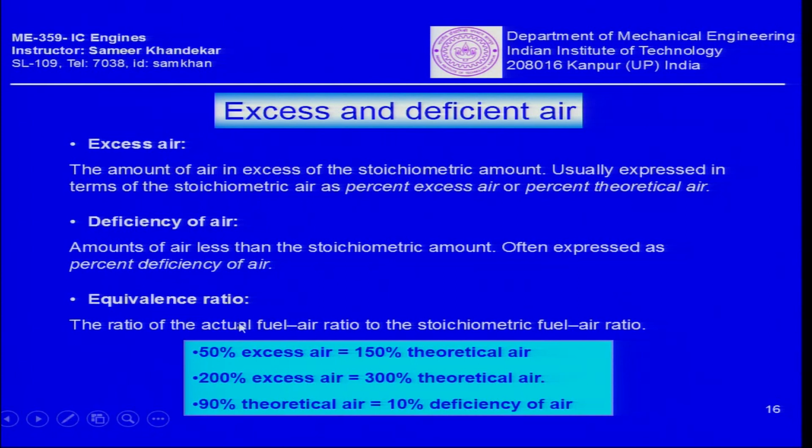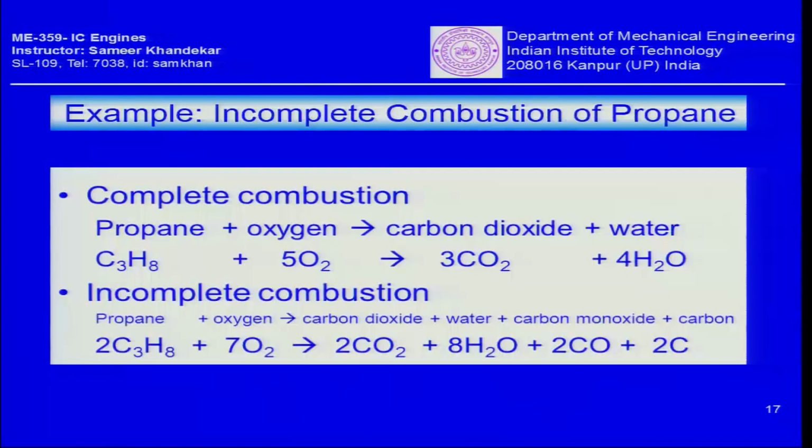Sometimes you are given a situation expressed as excess air or deficient air, or sometimes you are given the equivalence ratio. Both are nearly identical. You can use either of them to get the exact condition in which the fuel is supplied with respect to the air, or the air is supplied with respect to the fuel. When the stoichiometric ratio is supplied, the equivalence ratio becomes equal to 1. So it can be less than 1 or more than 1.